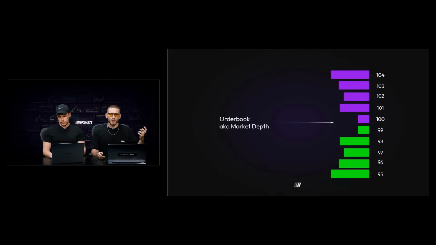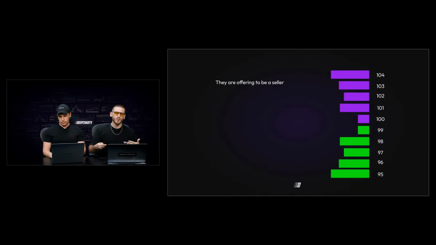And this is called the order book or the market depth, and it's simply, above the current price, sell limits. Exactly like the sell limits you put on your broker. These are passive sell orders. We also call them the offer. They are offering to be a seller. They're not selling yet. They are the auction of sell orders.